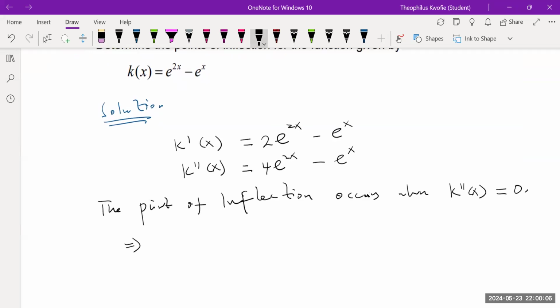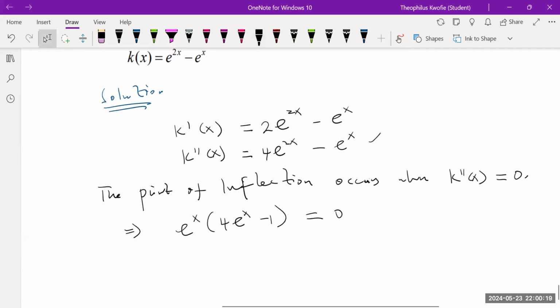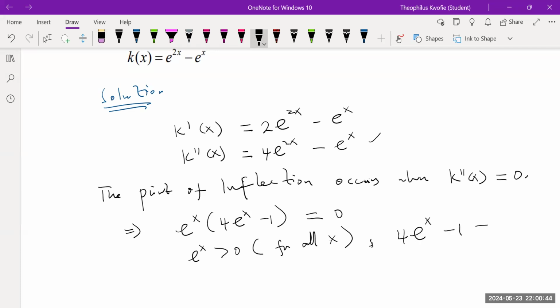So this implies that from this, we can pull out the e to the power x, and we set the result to 0. Then remember that we said that e to the power x can never be 0 for all values of x, okay? So this can never be 0. So the only thing that we can rely on is the other factor, which is 4 multiplying e to the power x minus 1.